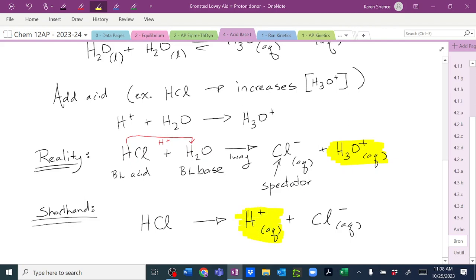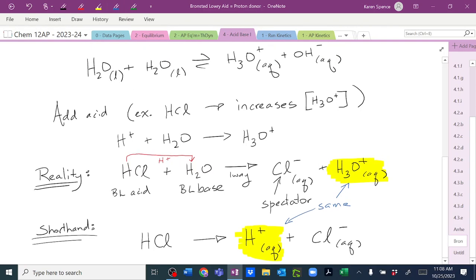Nope. Okay, because these guys are the same, essentially. If we say hydrogen, we really mean hydronium. Hydrogen is just the shorthand for hydronium, which is what we have in reality. Yes? Honestly, if it doesn't ask you, I would do the second one because it's faster, but you should really be aware that the first one is what is actually happening, okay?